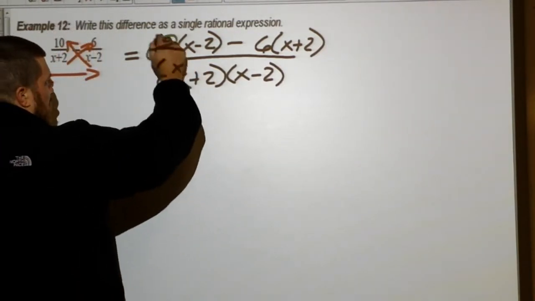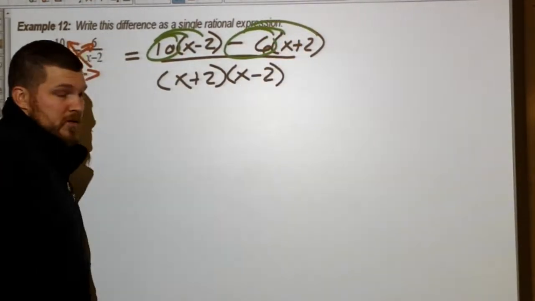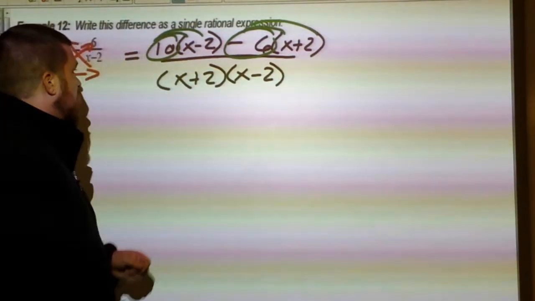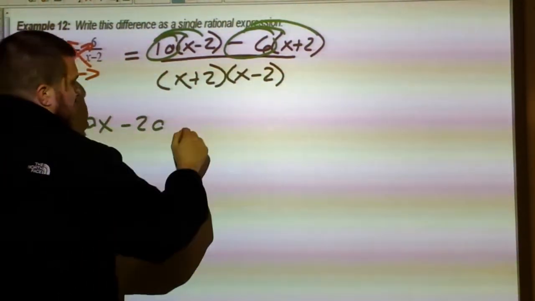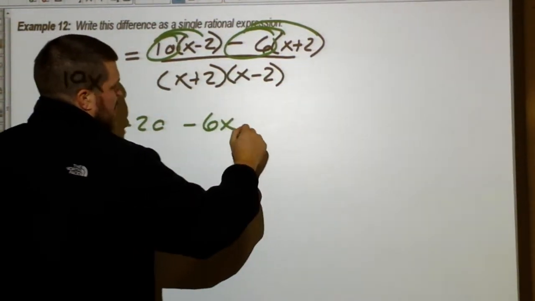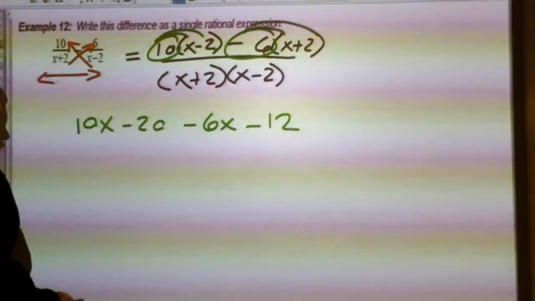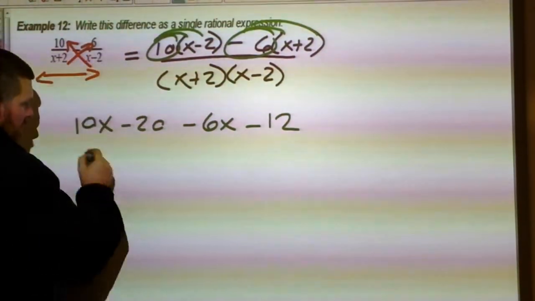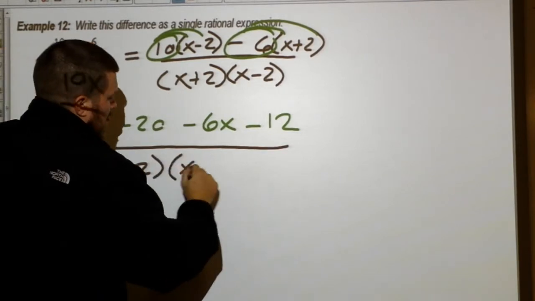In my numerator, I have two sets of distributive property, which should be pretty easy. So we have 10x minus 20, minus 6x minus 12. Now our denominator stays absolutely the same: x plus 2, x minus 2.